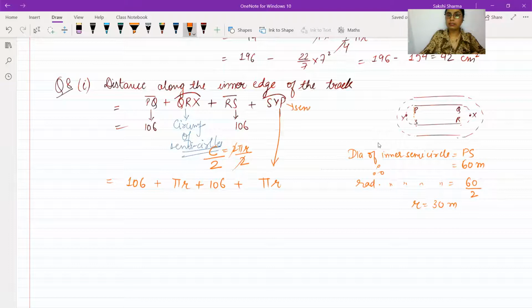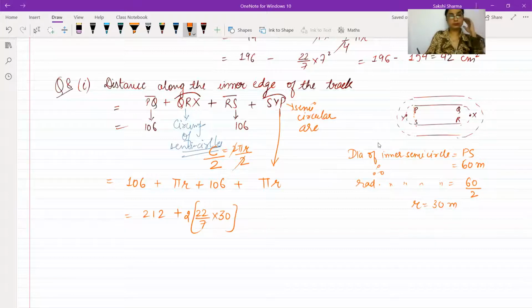This is a semicircular arc. So you can calculate the answer. This will be in fractions.